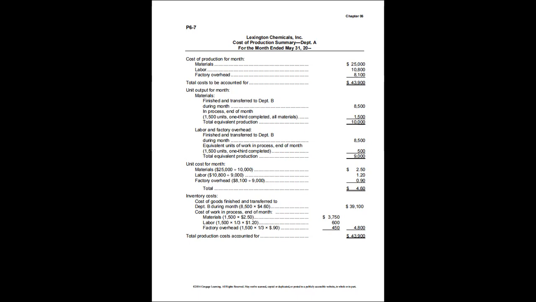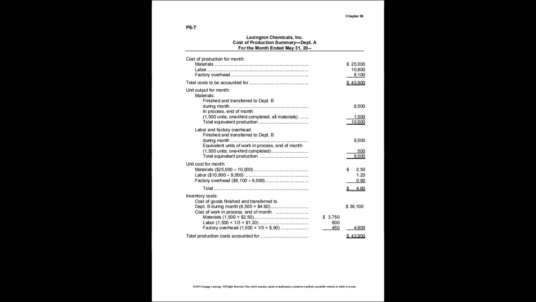Now for the cost to be accounted for of 43,900, we now have the cost accounted for. Cost of finished and transferred to Department B during the month is 8,500 times 4.60 or $39,100. For labor, it's 1,500, but we multiply it by one-third.